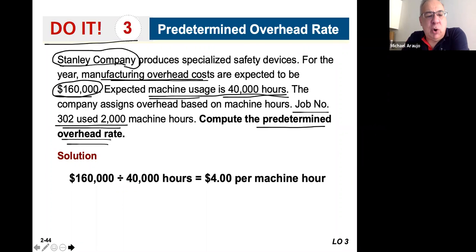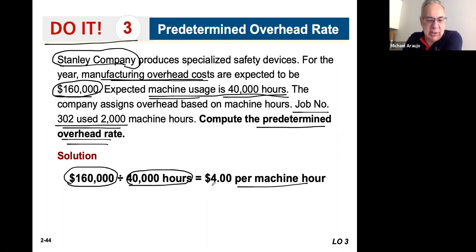You take the total amount of money that you expect to spend on overhead, which was the $160,000. You divide that by the amount of machine hours, because that's how you're allocating it. So for every hour the machine is running, $4 is going to be allocated to the overhead.